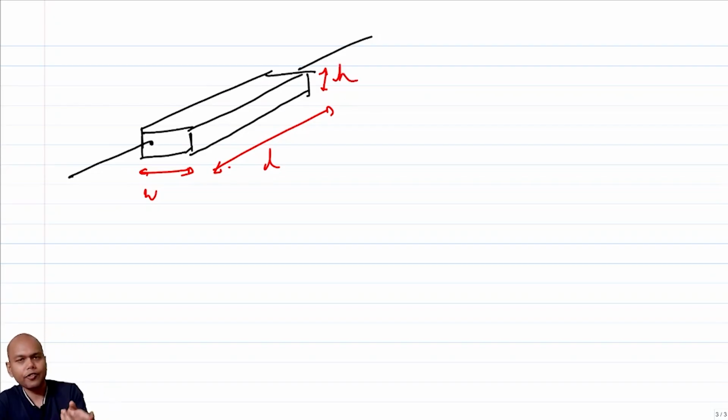It's not a designer variable for a circuit designer. It is a designer variable for a device designer or a process designer. So once you get your process design kit, you will not be able to change h, right? This is true for all integrated circuits. The vertical dimensions are never in our control. The only things that are in our control are L and W, right?